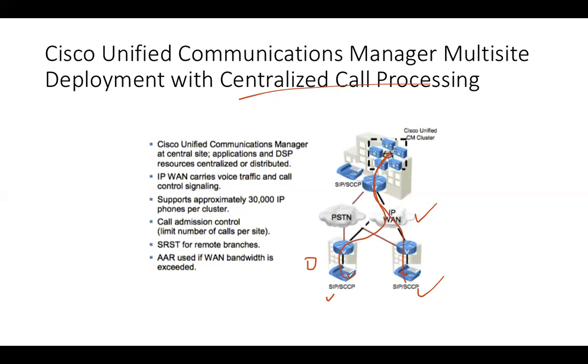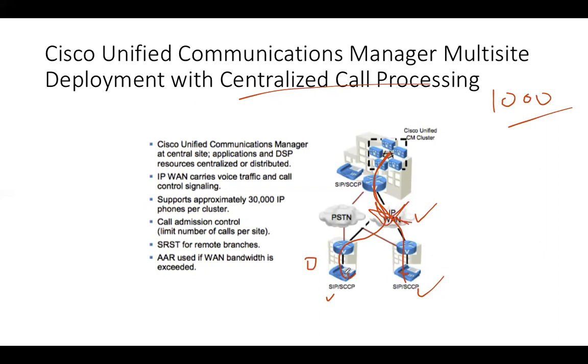So here multiple sites are there in this centralized call processing, around 100 or I think 1,000 sites can be supported. For the registration, these phones go to the call manager and they get registered. Now in case the WAN connection is down for these branch offices, what would happen to these phones?